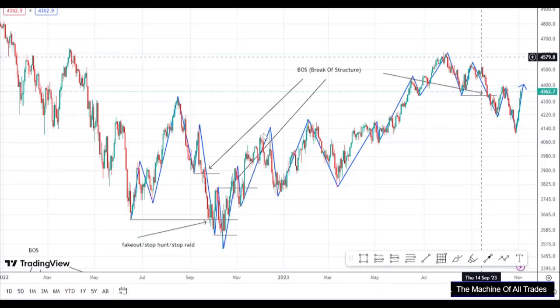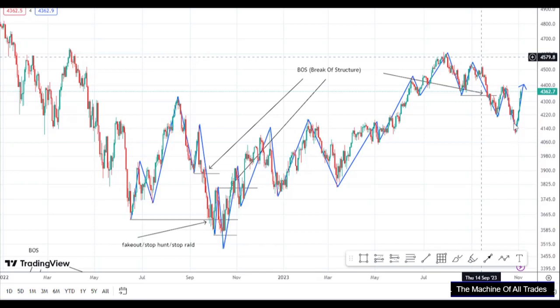It went down to make a higher low to make another higher high. Now, that being a confirmation that the market now is in a bullish market structure. And the moment when it broke here, just like we can see, it broke and made a lower low, went up to make a lower high, went down to make a lower low, and that being a confirmation that the market is bearish.